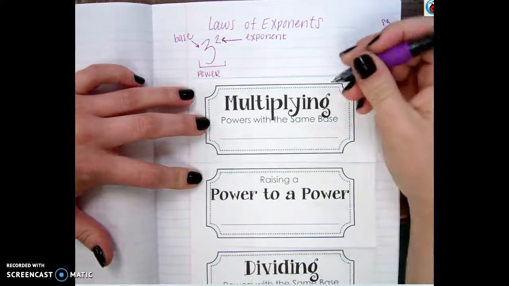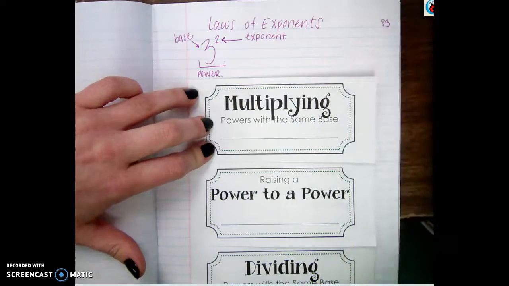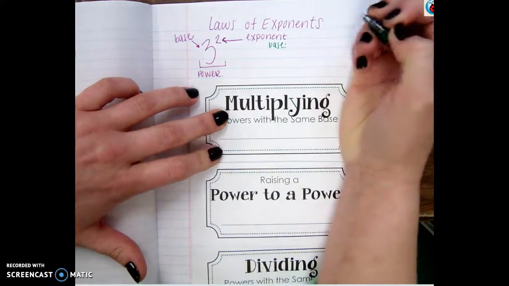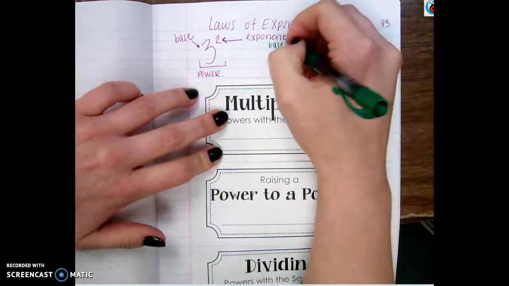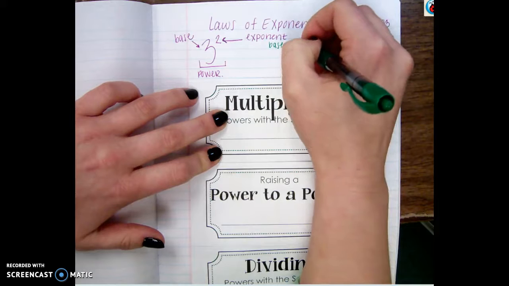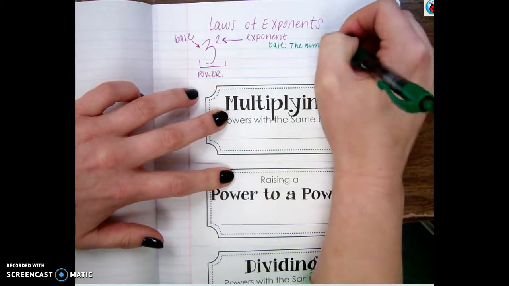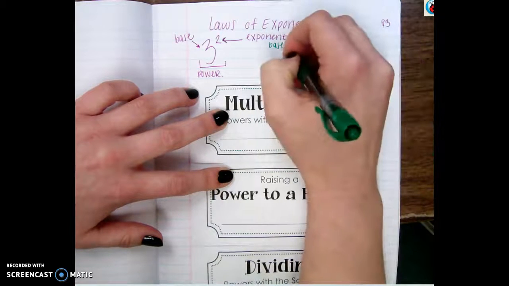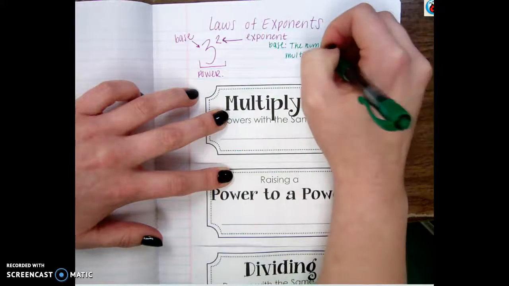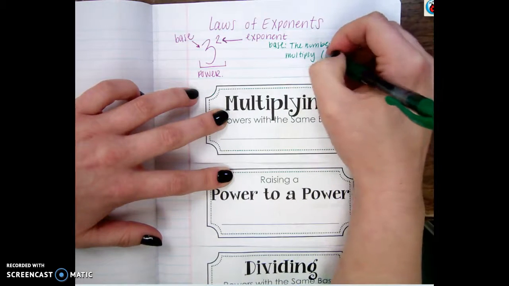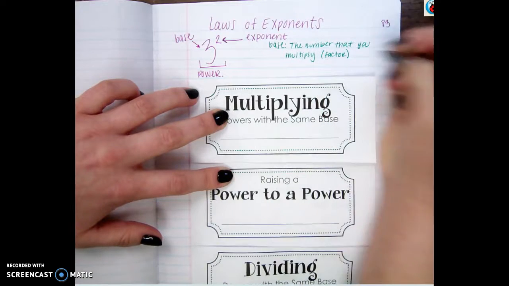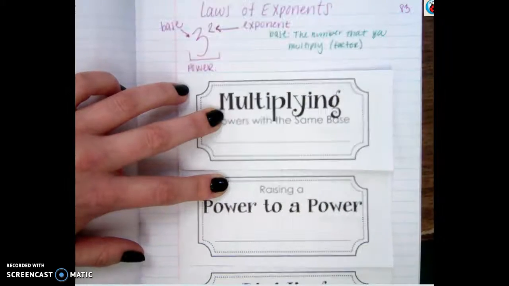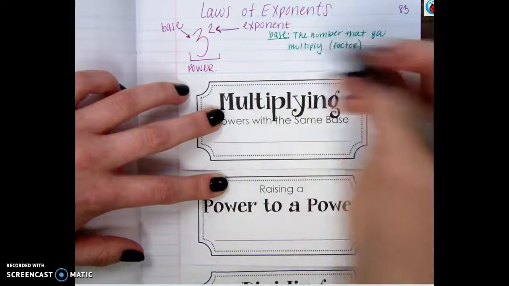All right, so now let's look just for a second at what the base is actually telling us. So the base is the number that you are going to multiply. Or we also know that to be the factor. All right, and the other thing then we're going to look at is the exponent.